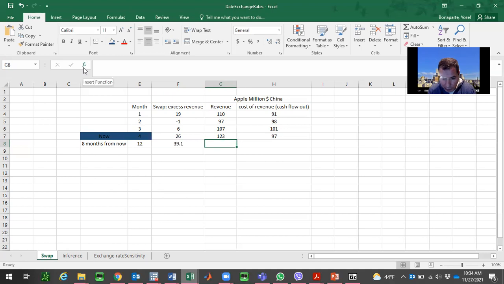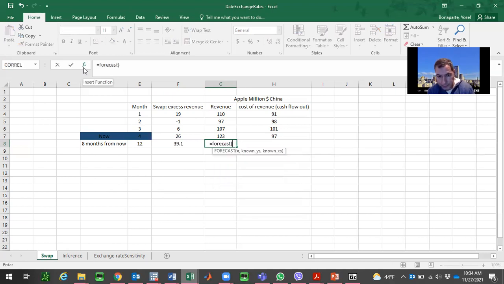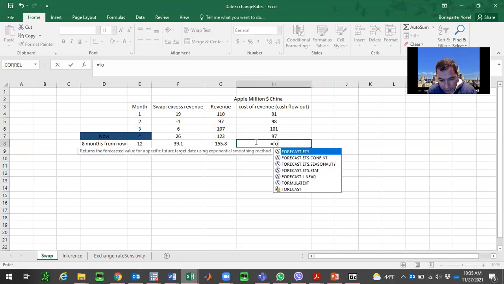Let me do the forecast again, equal forecast. And you say, I want for December, given the revenue I have here in the past few months, given the period, the months I have here, close, done. You're going to do another forecast.